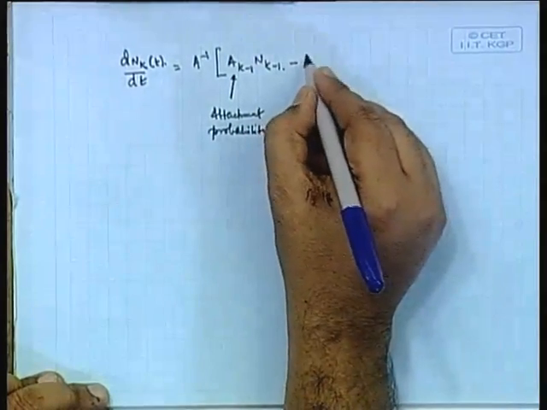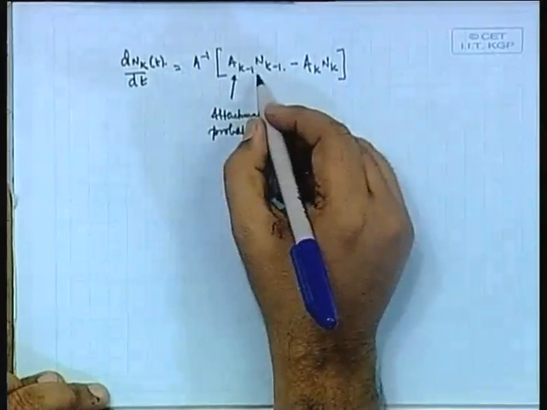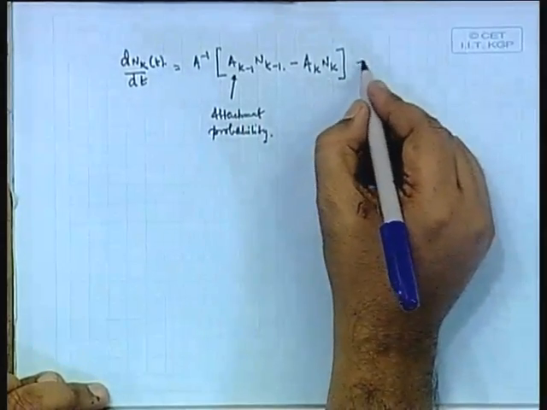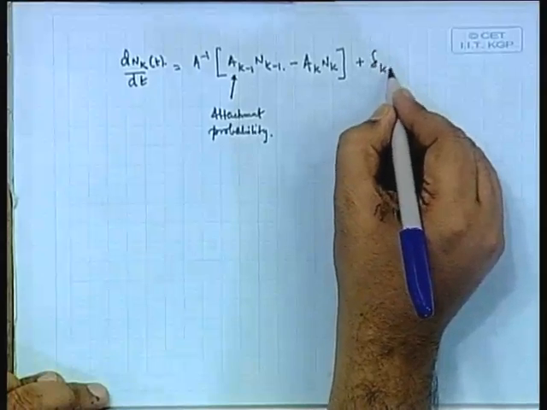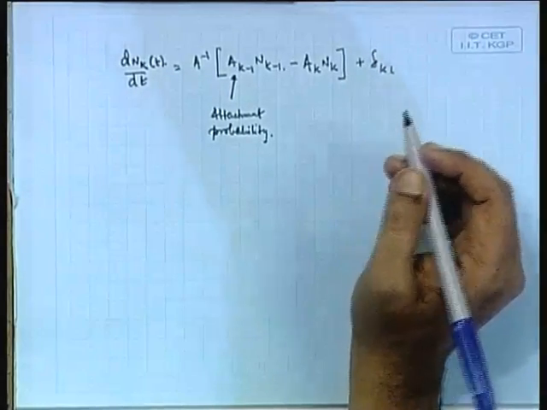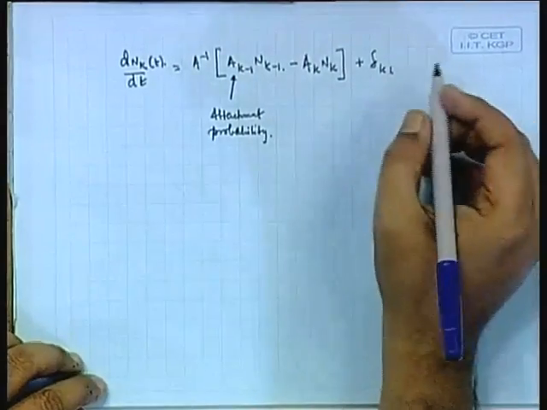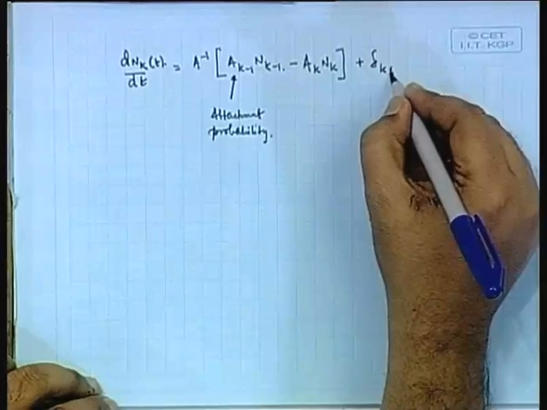Okay. And this is entering, this is exiting, and there is a spike function.